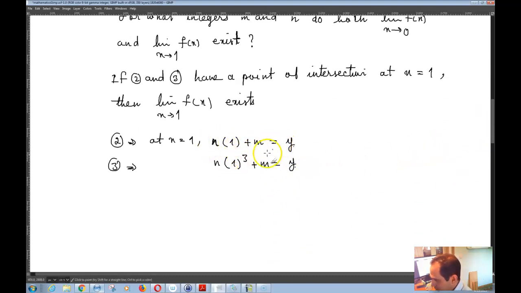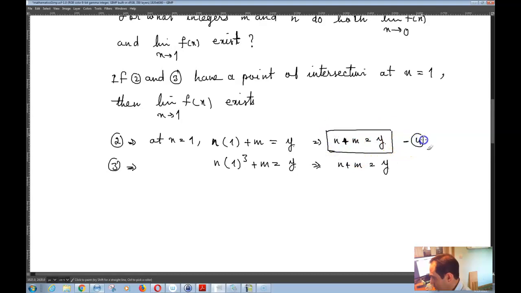And so n plus m is equal to y, which, as you can see, I will not be able to solve for n and m because they are the same equations, but I can take one of these and call it equation number 4.